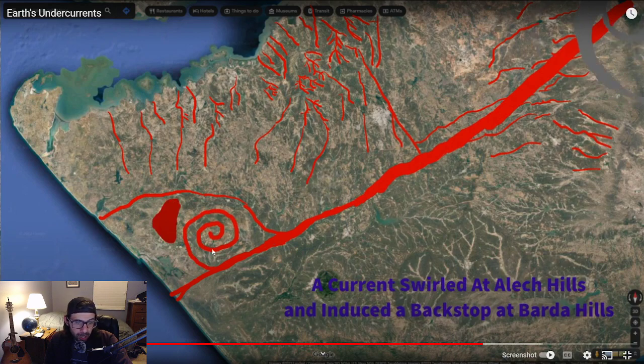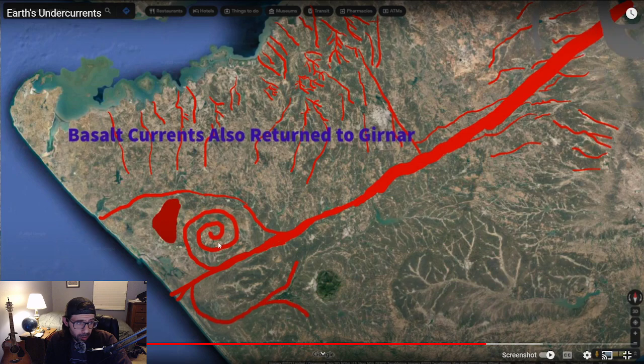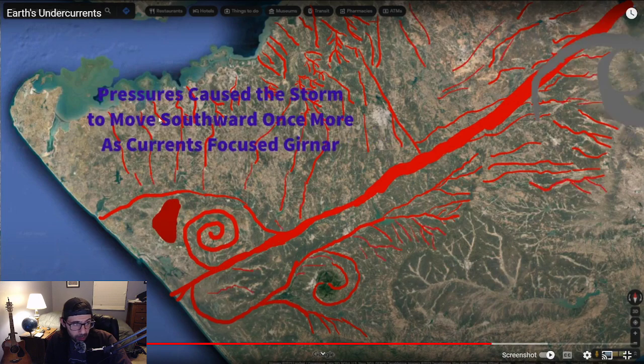Current swirled at Alec Hills, which is right here, and it induced a backstop at Barda Hill, or Hills, I think it's Hill, which is here, by this swirling current eddy.